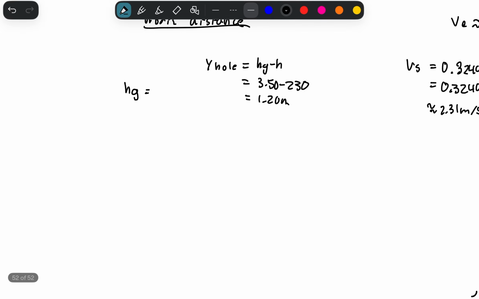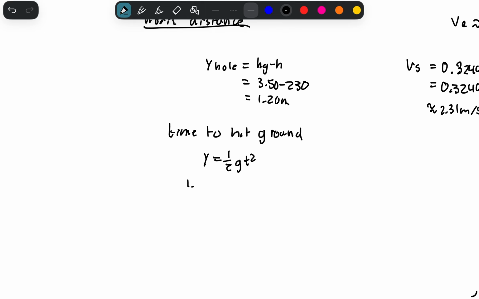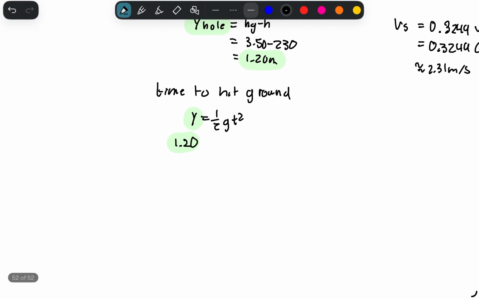And then we can find the time. So our y was y hole, so that's that 1.20 meters.